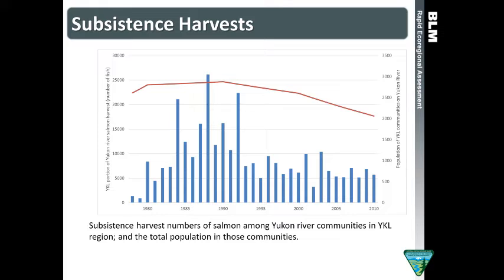The harvest levels don't seem to correlate very well with the population levels. One of the questions in the YKL REA is, how will the population impact subsistence harvest? It's very hard to connect those two, because with the data that we have, we can't establish the connection between those two.